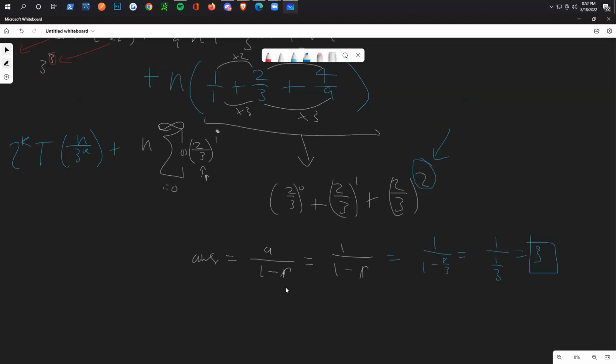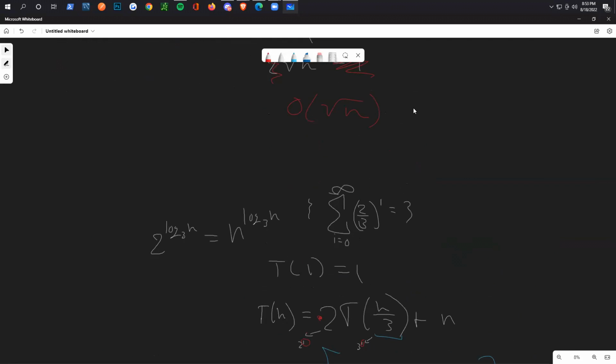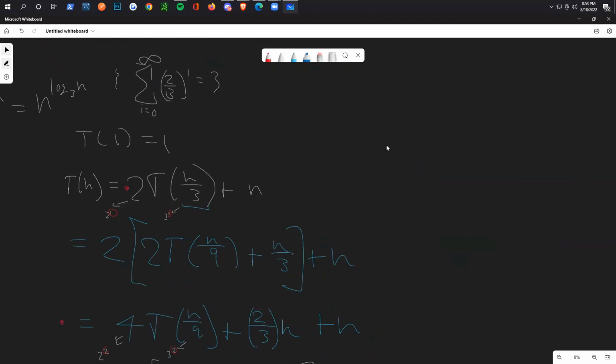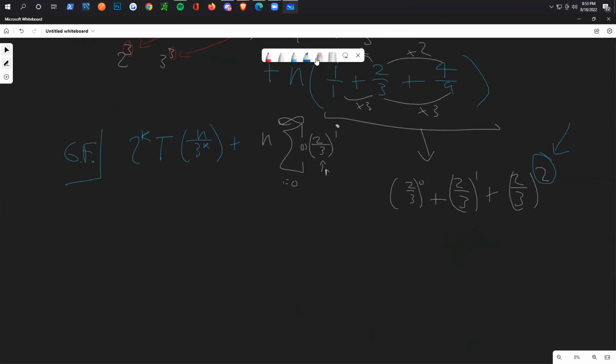But I'm just explaining how you end up getting what they had in the formula that they gave you. So remember, they gave us that, so we didn't need any calc. I'm just explaining that. So this right here was going to be equal to 3. So that's how they ended up deriving that. So there we go. So we can just plug in 3 for this right here. So this is just 3n.